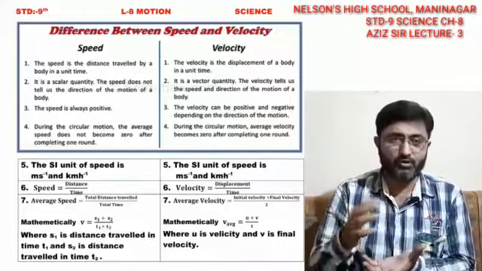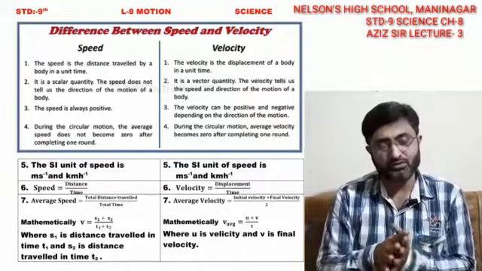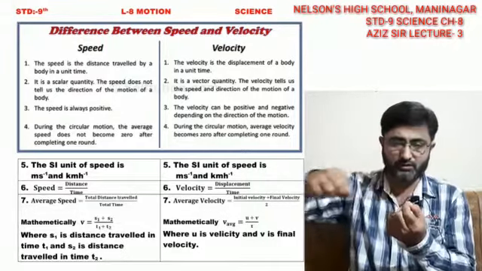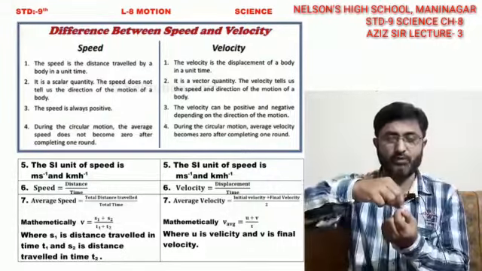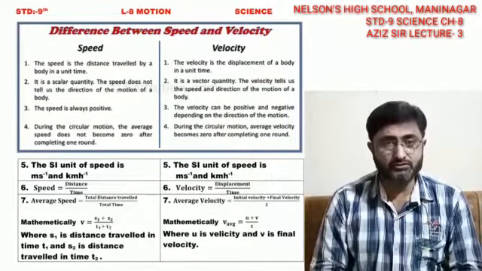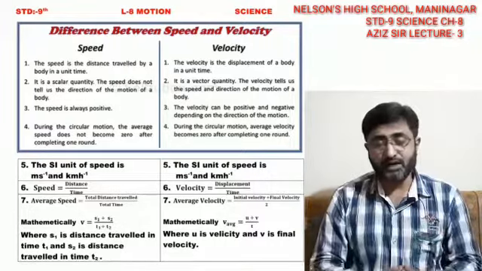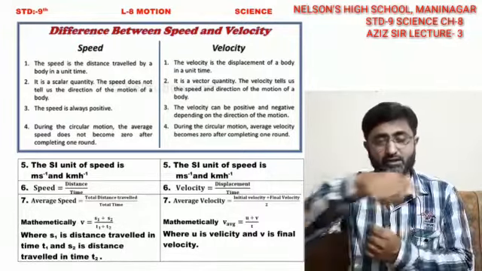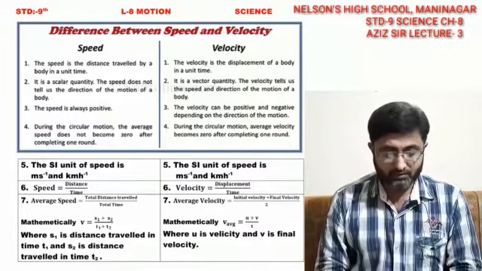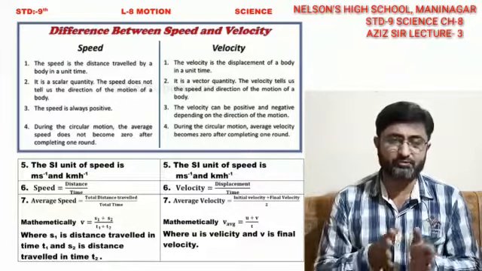But in case of velocity, if the object starts from a certain point and comes back to the same point, its displacement is 0, so its velocity also turns out to be 0. So after one complete circle, the average speed is never 0, but the average velocity is always 0.